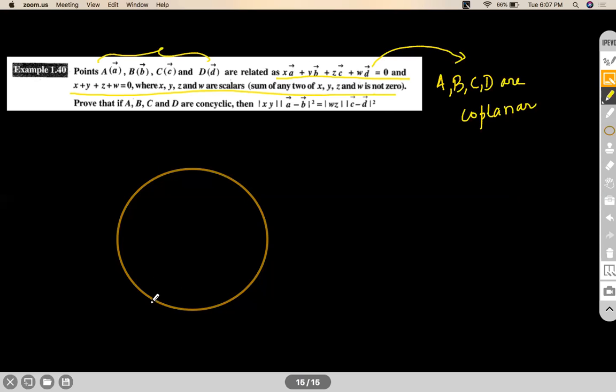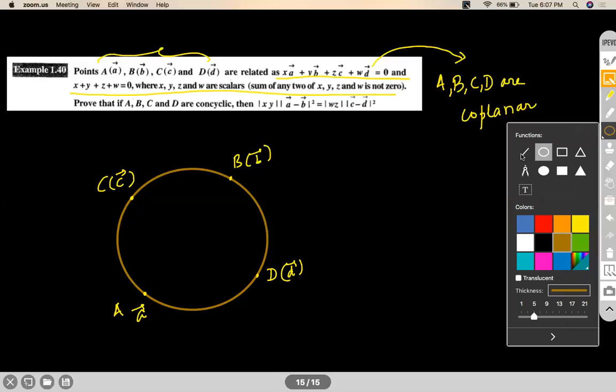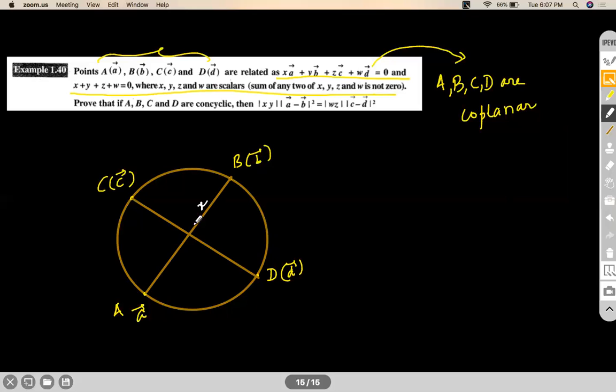Didn't we discuss that if let's say this is your A vector, okay, and this is your B vector, and let's say this is your C vector, and this is your D vector, and if I connect A to B, and C to D, then this ratio is X is to Y, and this ratio is Z is to W.